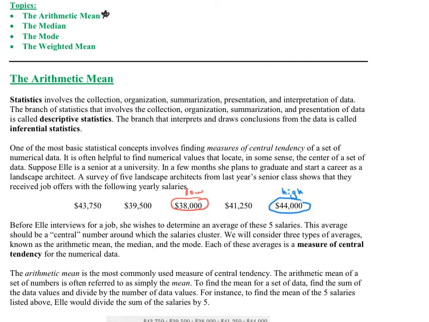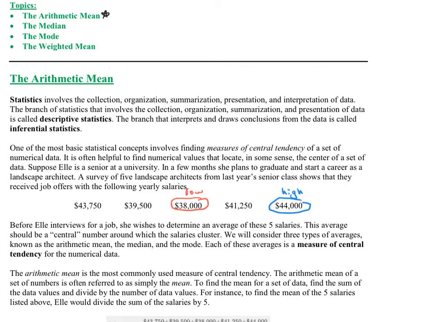You would expect she would have at least a $38,000 offer, because that was the low, and probably at most a $44,000 offer, because that was the high. Maybe it changed a little over the year, but not significantly. But should she expect one of those two salaries, or maybe somewhere in the middle? That's where we want to talk about central tendencies.